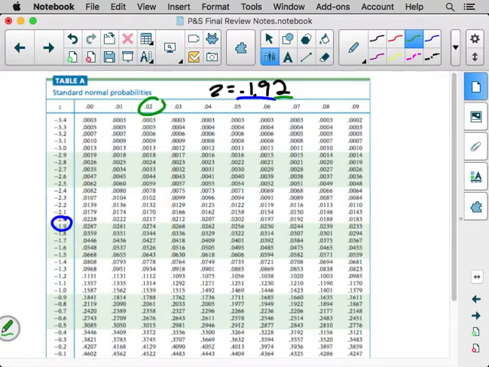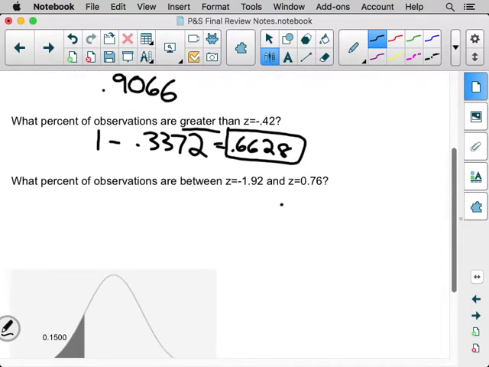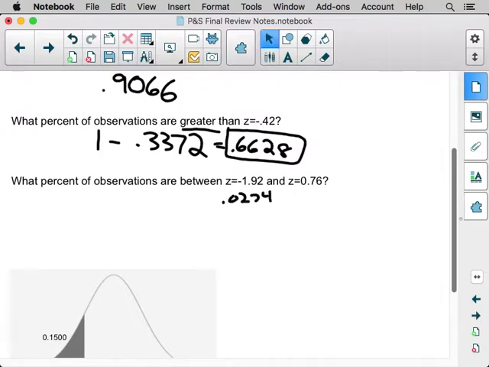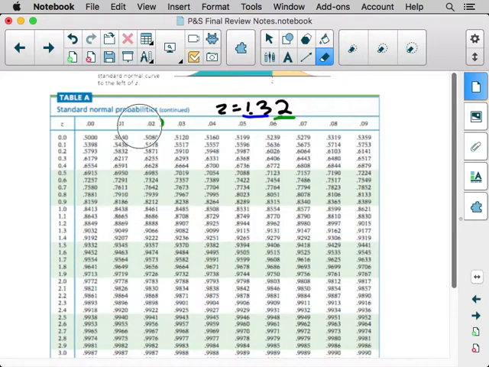This tells me to go over to the 2. And that gives me 0.0274. Then find the 0.76, which will be on the positive side.